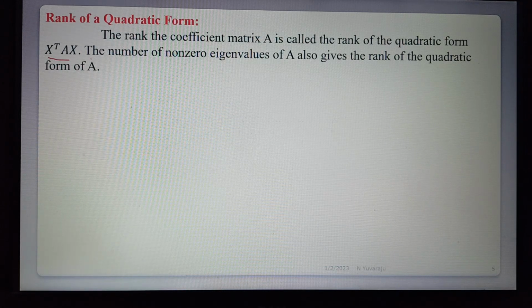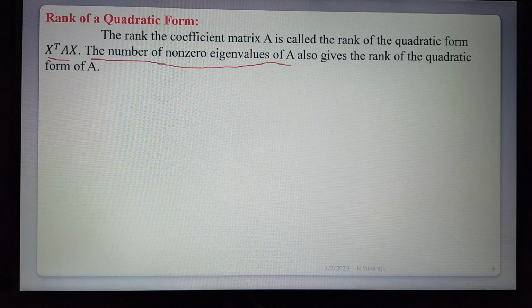And also the number of non-zero eigenvalues of A is another way. If finding the eigenvalues of given matrix A, the number of non-zero eigenvalues is called rank of the given quadratic form. Both are same only.